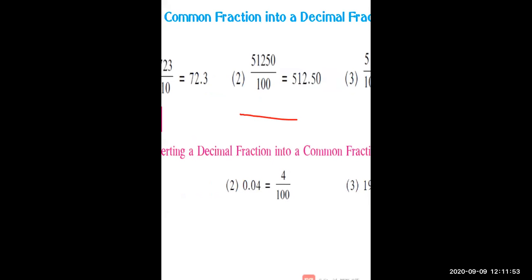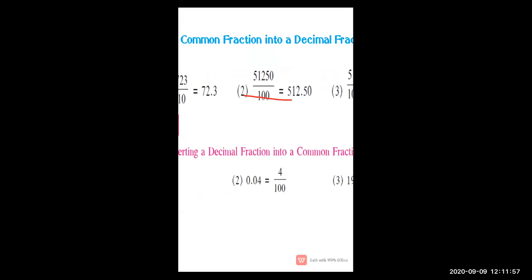The next one is 51250. That is 51,250 divided by 100. That means if 100 is given, you have to put a point after two numbers. It is given in common fraction form and you have to write it in a decimal fraction. Decimal fraction should be written point-wise. So the answer should be 51250, you will write the main question.